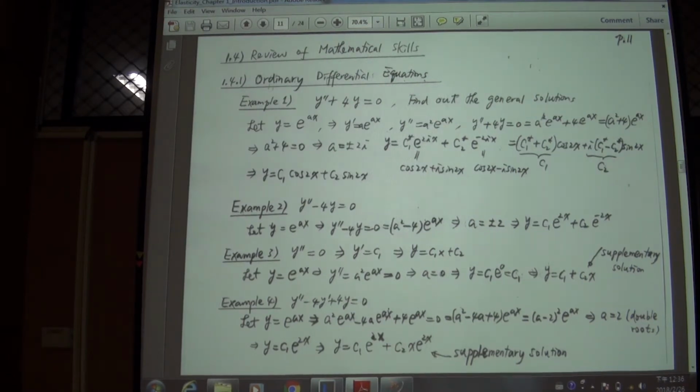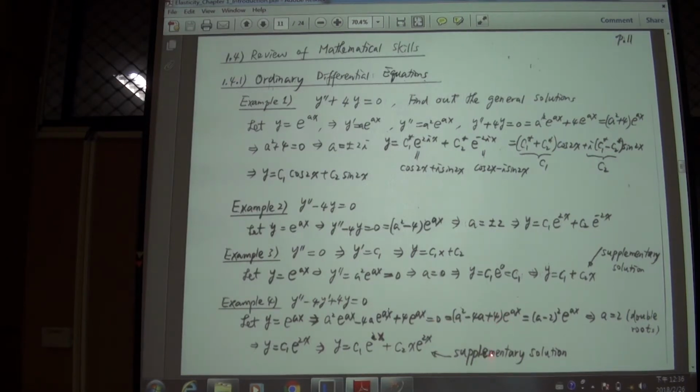Now let us look at example 4. y double prime minus 4y prime plus 4y equals 0. Again, we let y equal exponential ax and put it inside this equation. y double prime equals this, 4y prime equals this, 4y equals this. Then we have the common term, exponential ax, so we take it out, and the whole thing equals 0.